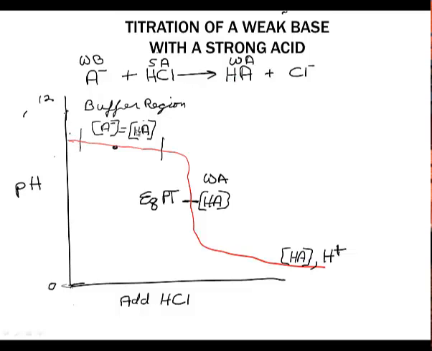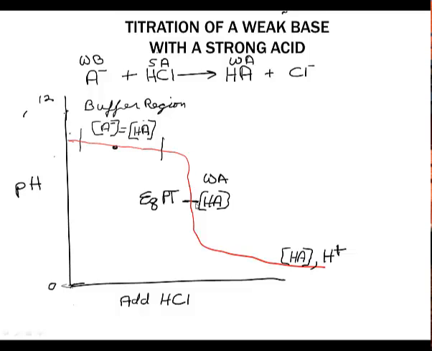We start out, we make a little bit more HA. Each time we add another mole of hydrochloric acid, we consume another mole of weak base, and we make another mole of weak acid. So in this part of the titration curve, we call that the buffer region, because I have a weak base concentration and I've made some weak acid. So this would be the buffer region of my weak base strong acid titration curve.